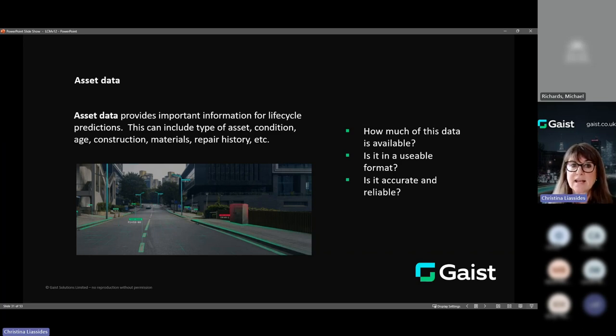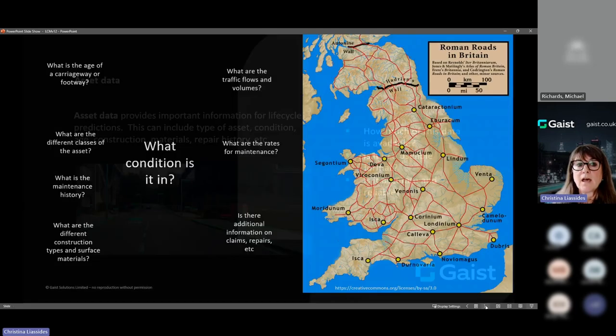Anything like that, then we need to be sure that we've got enough data to make sure that the model is reflecting how that asset deteriorates. So there's lots of different things that can be helpful, that goes into making the model as good as possible.